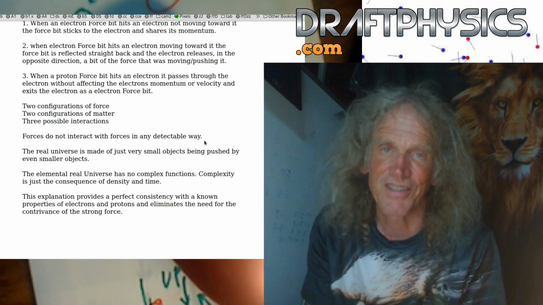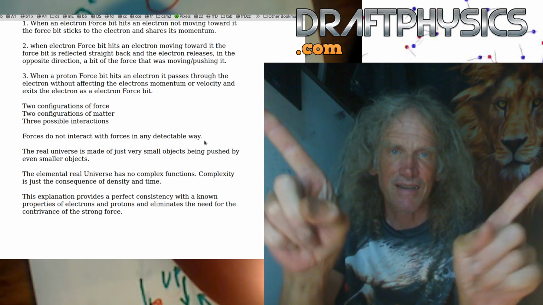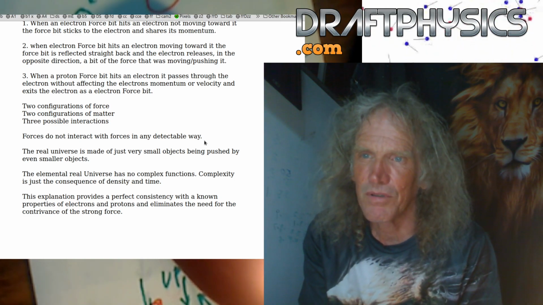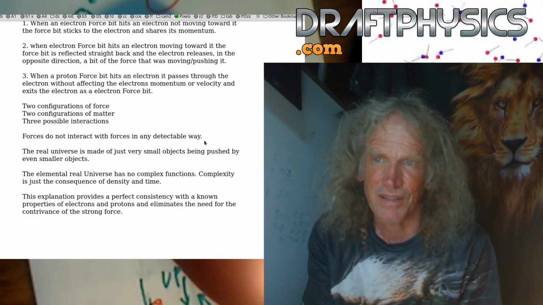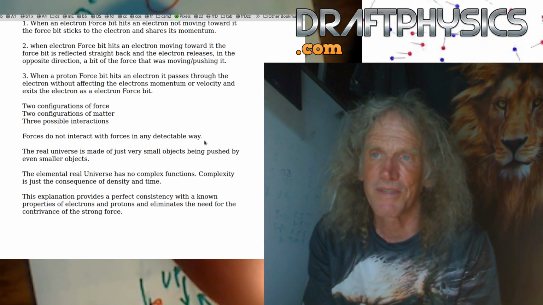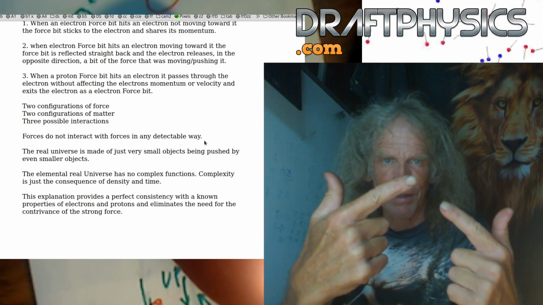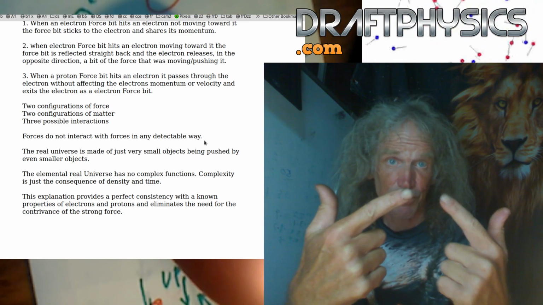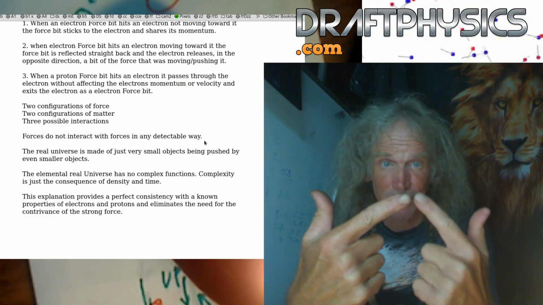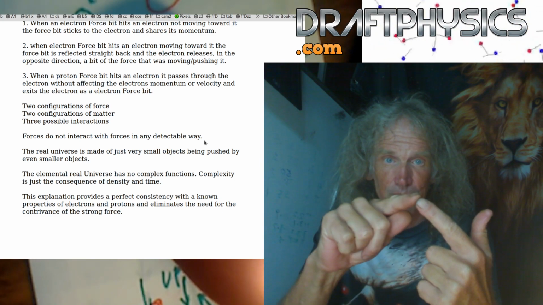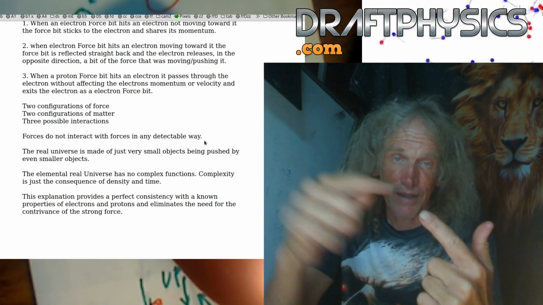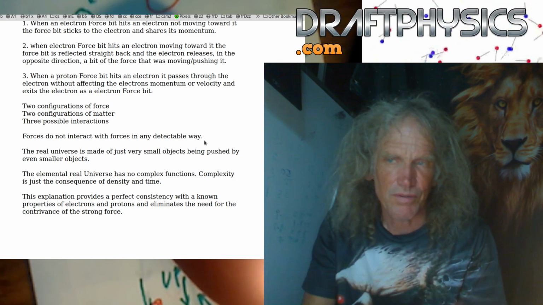They just change their identity. If a blue hits a blue, it can't possibly change anything. But if a blue hit a red, and the force bits could hit each other, then you'd end up with the blue going this way and the red going that way, and the universe would change.